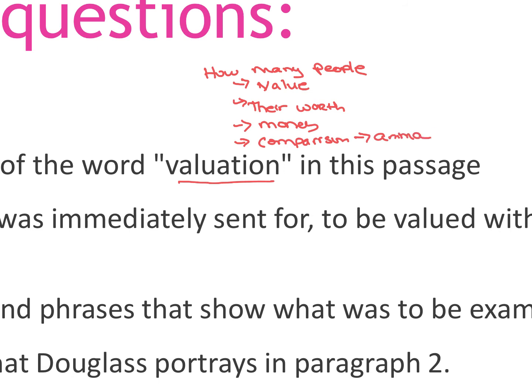So he's saying that the slaves have, depending on what type of slave, old, young, and so forth, is the equivalent of an animal. And that's kind of what this passage is showing us, the reader, that in the eyes of the slaveholders, slaves and animals were the same thing. It was, how much are they worth to me? Okay.